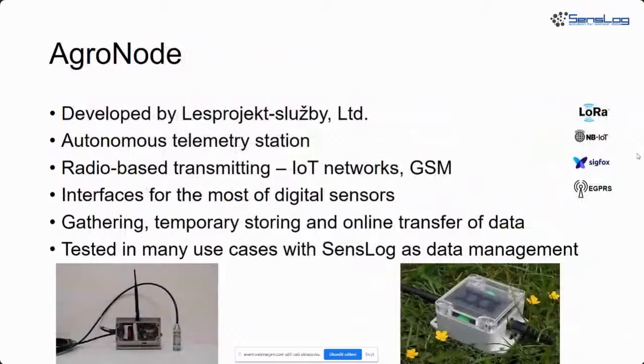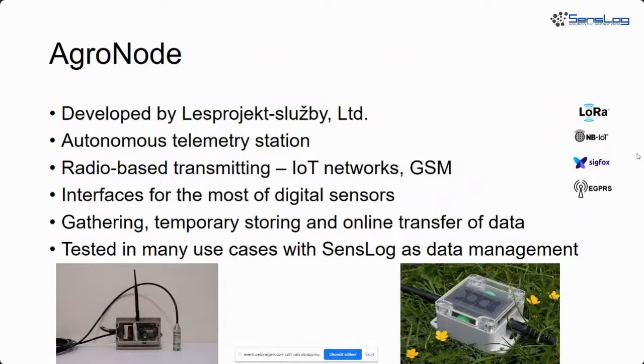A few words about the hardware part we are cooperating with. We are mainly using the Agronode solution that is developed by a company Respect. It is an autonomous telemetry station that is collecting data from physical sensors connected to this telemetry station, and it's sending data over IoT networks or GSM network to the database.